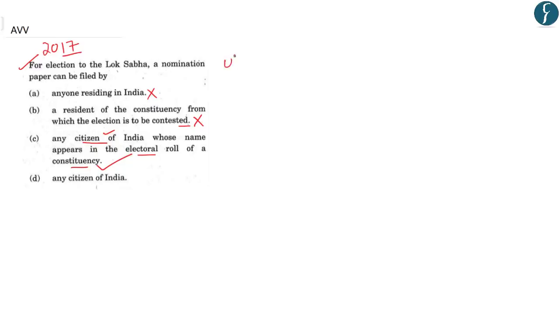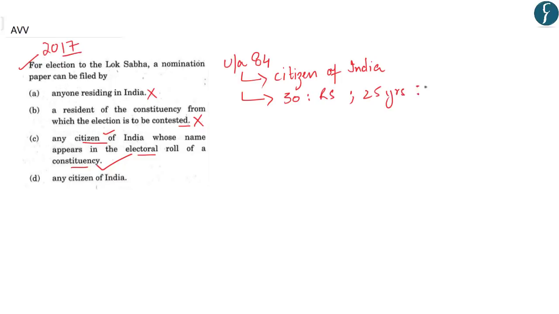Now though in the Constitution under Article 84, qualifications to become a member of parliament are given, this article provides for 3 qualifications. First is that the person should be a citizen of India. Second, should have completed 30 years of age in case of Rajya Sabha and 25 years of age in case of Lok Sabha.